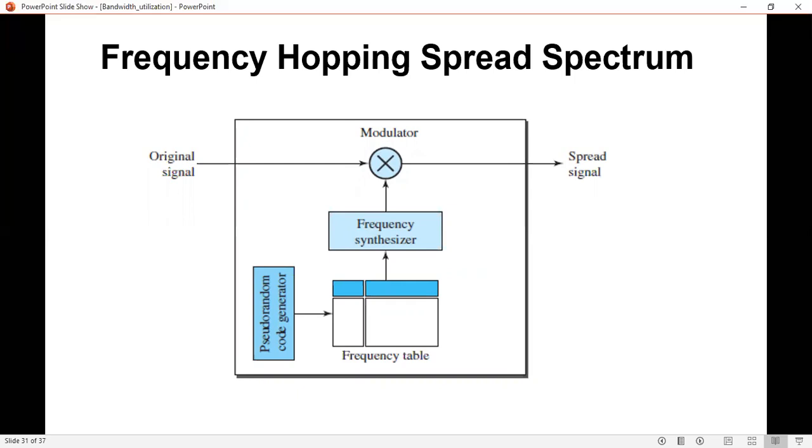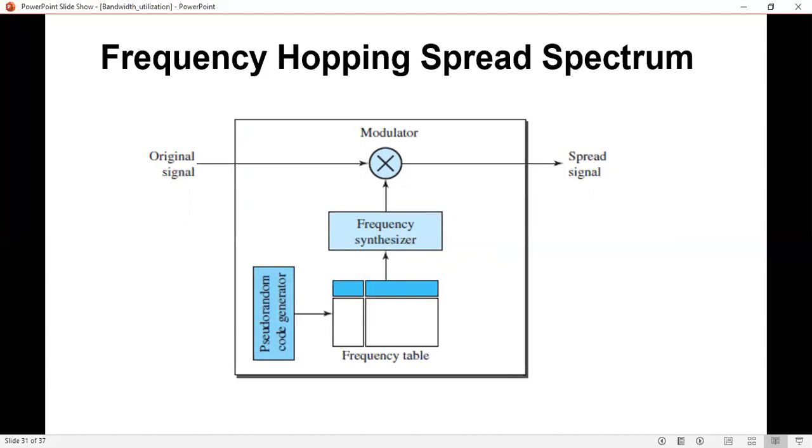The frequency table uses the pattern to find the frequency to be used for this hopping period and passes it to the frequency synthesizer. The frequency synthesizer creates a carrier signal of that frequency, and the source signal modulates the carrier signal. This is just the general layout.